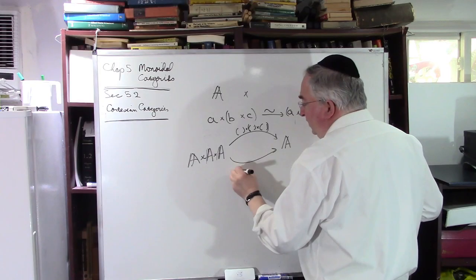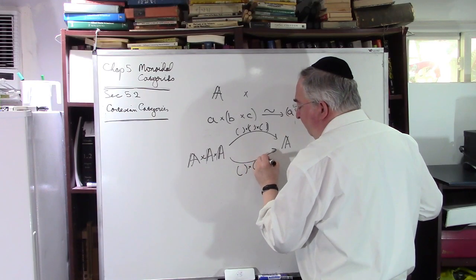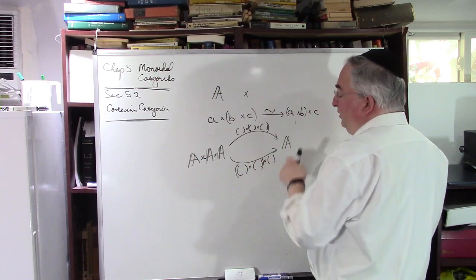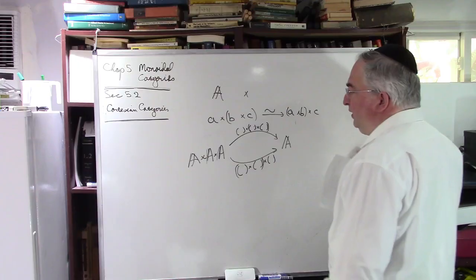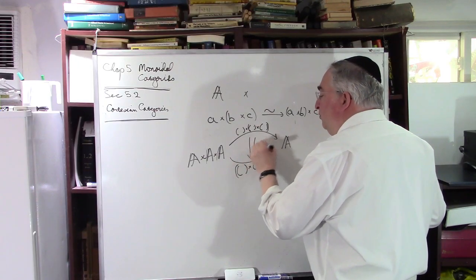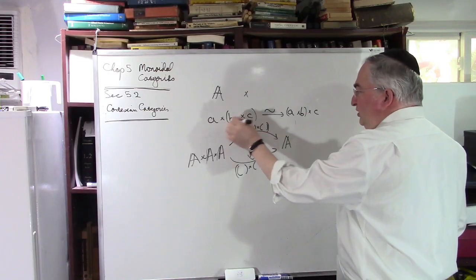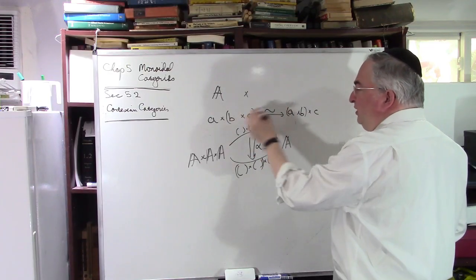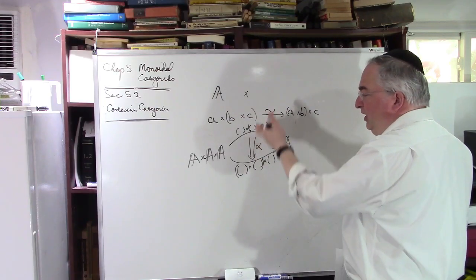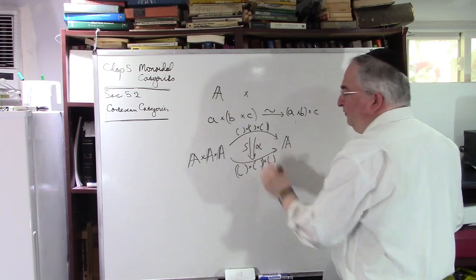Or I could do it like this: multiply the first and second one, and then multiply that with the third. One of the things we saw in chapter 3 is that there is an isomorphism between these two natural transformations. This is a component of that in this category. So we have such a natural isomorphism.